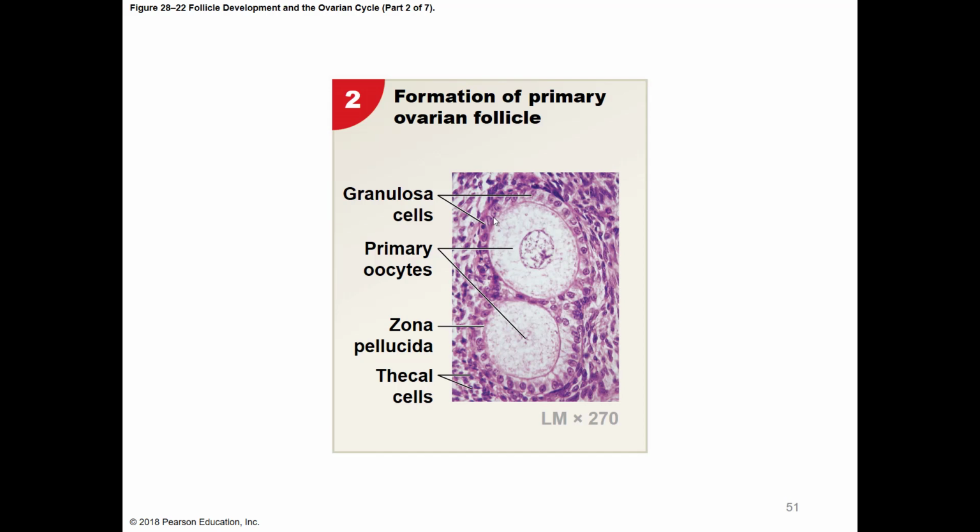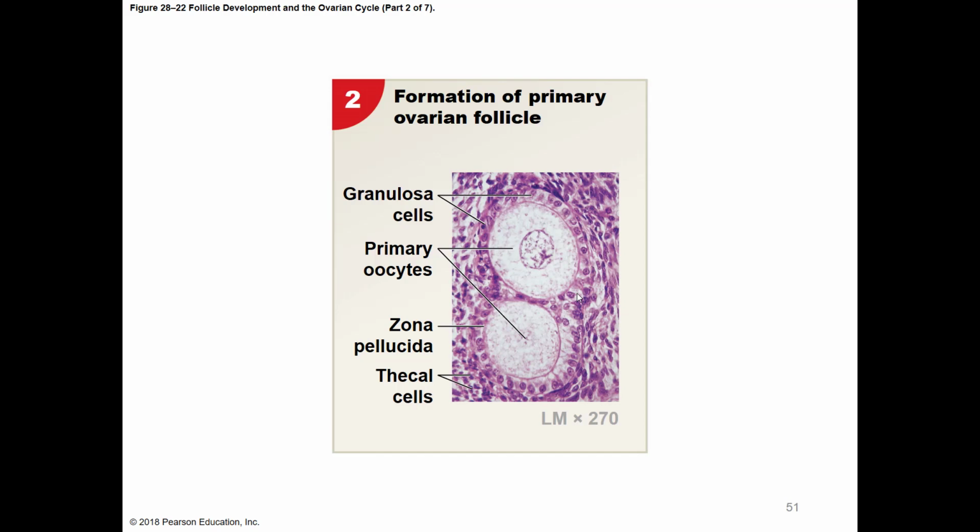The follicular cells around the oocytes will begin to divide and form several layers of cells around the growing primary oocyte. We can see two primary oocytes in this image here. The follicular cells are getting a little bit more noticeable around each egg.